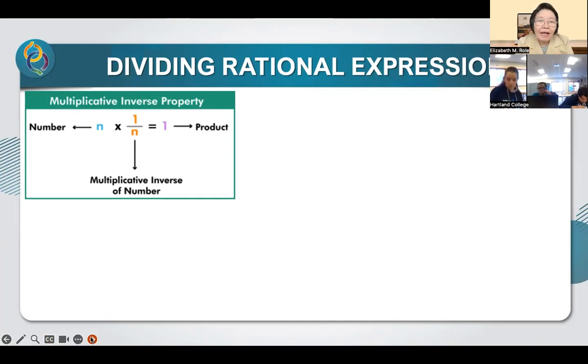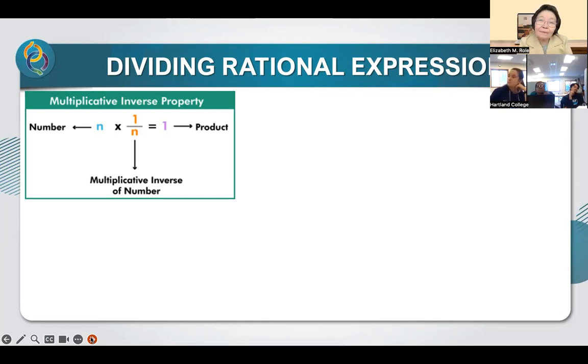I want to emphasize that division is the inverse operation of multiplication, because the product of 3 times 2 is 6, and if you want to get the other factor, you just divide. So 6 divided by 3 is 2. That's why we call them inverses.